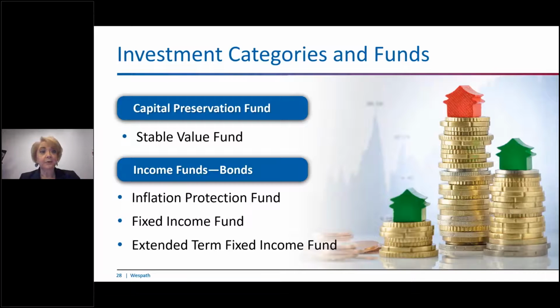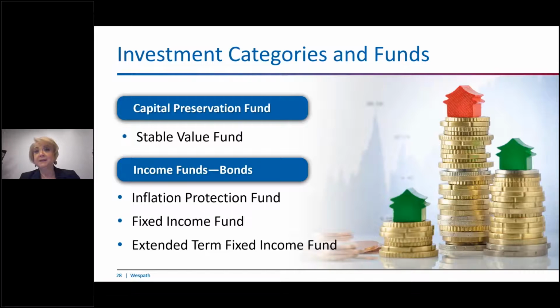For the second category, it's the income funds, or bonds. Again, the goal for this one is stability, but it's a little bit more of a growth fund than your Capital Preservation Fund. On here, it says bonds. So the income funds are bonds. What are bonds? Bonds are basically debt securities where governments, municipalities, or even companies borrow money, and then they have to pay back the interest.